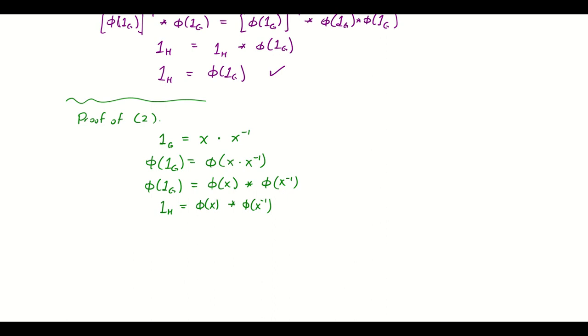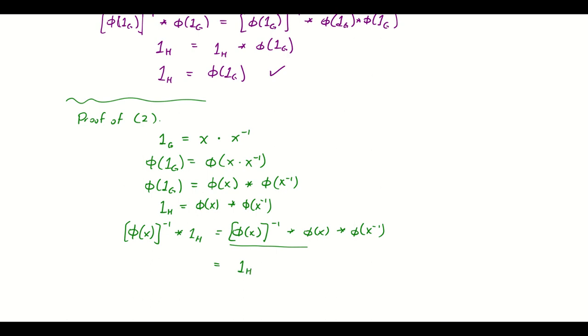I think I can just multiply on the left by this thing, by the inverse of phi of x. Do the same thing over here. And now this is going to give me the identity in H, because that's a multiplication of two inverse elements.